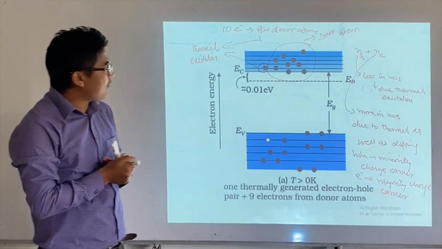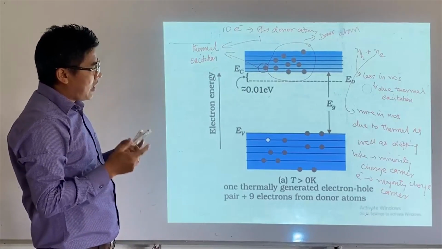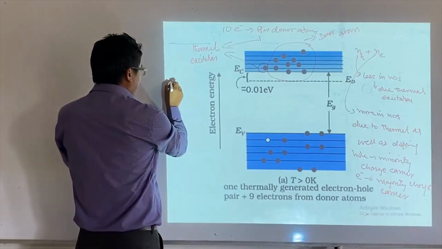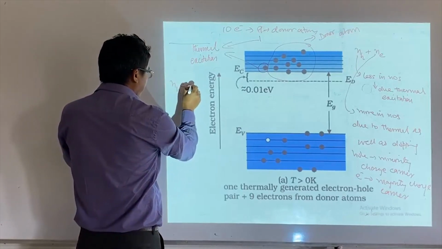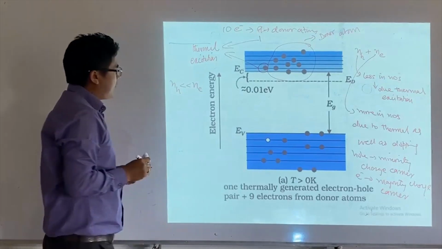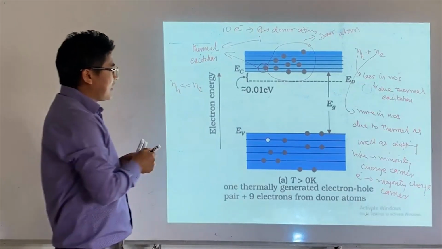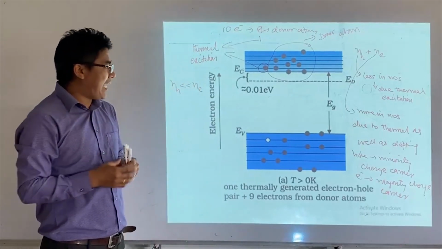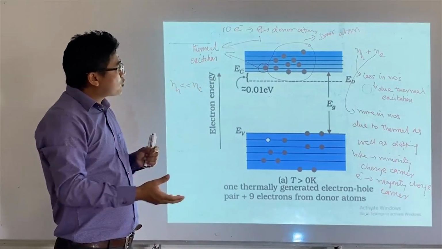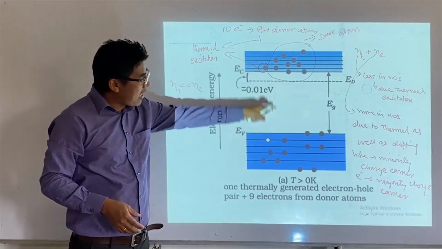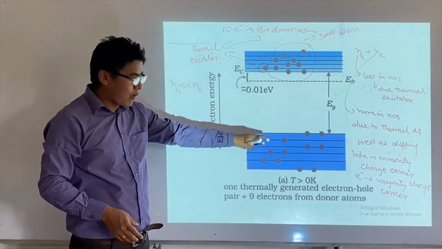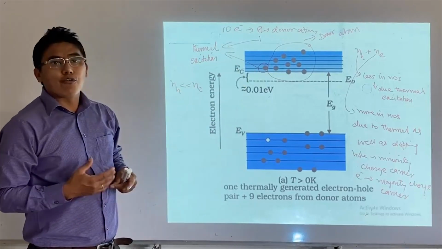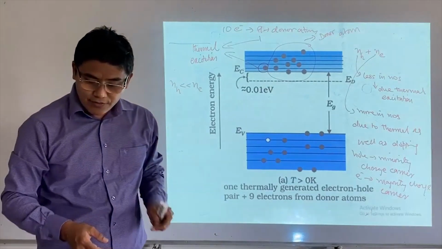So therefore the majority charge carrier is electron and the minority charge carrier is hole, right? For an electron to excite from the valence to the conduction band, very high energy is required. So this creates one hole and one electron, and the rest of the electrons are due to the process of doping.